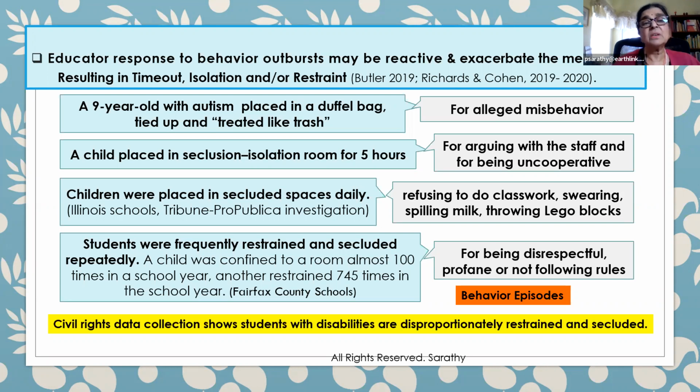Some of these situations you may not have come across, but these are based on various investigative reports. On top of that, the Civil Rights Data Collection showed that students with disabilities were disproportionately restrained and secluded.